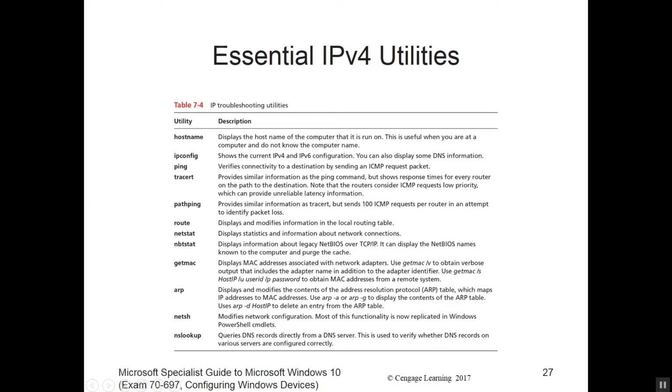Or I could type in ipconfig /all, and it will give me every piece of information associated with that network device, how it's configured, and what the IP data is.